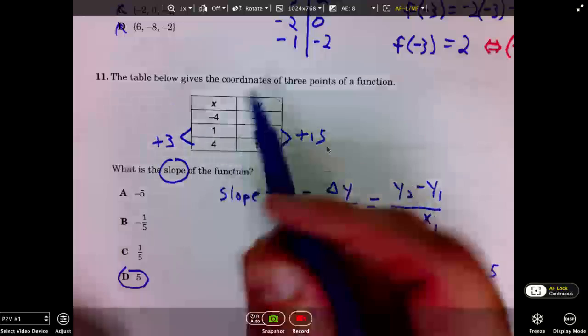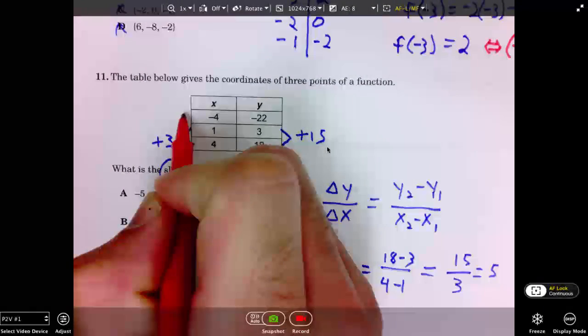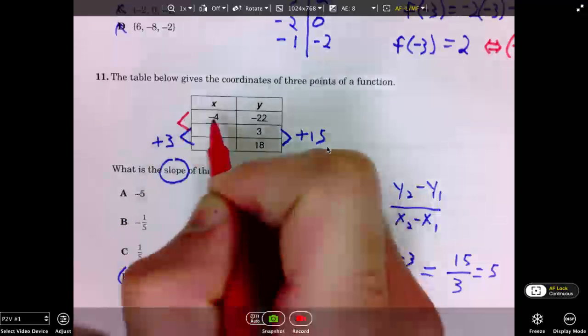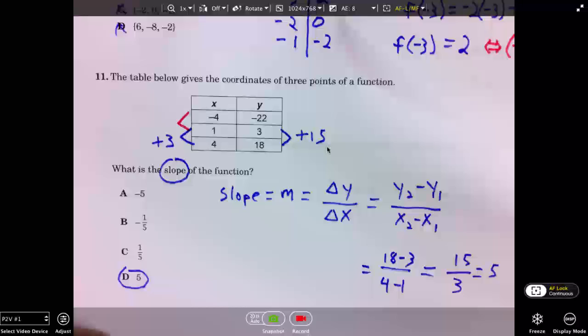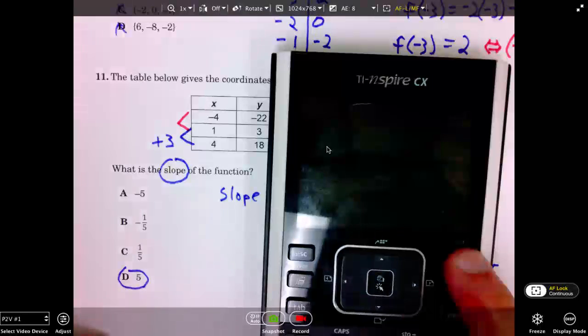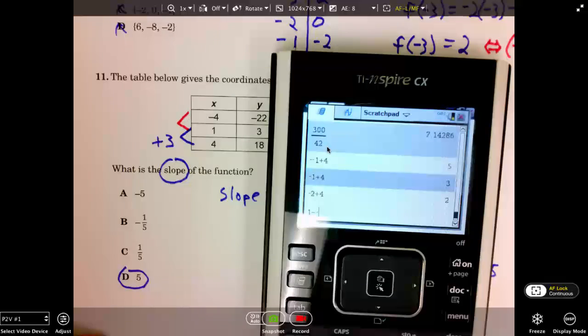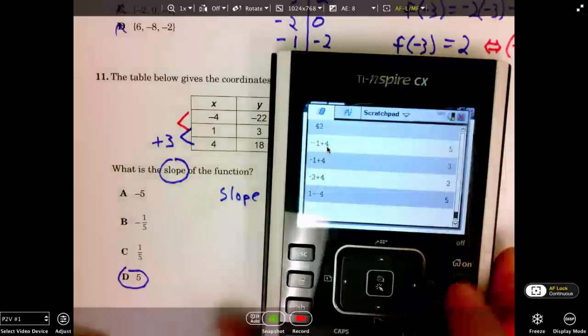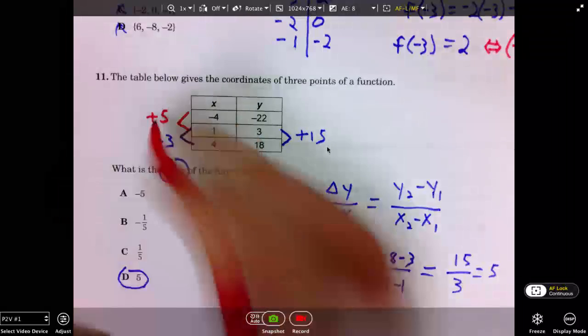And we can also note that this change will be the same, provided these are in a straight line, it'll be the same in these top two as well. From negative 4 to 1, well, using your calculator, 1 minus negative 4. The change there is 5. So from negative 4 to 1 is a positive 5.